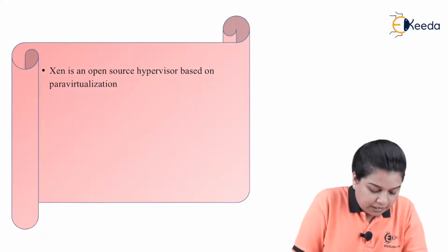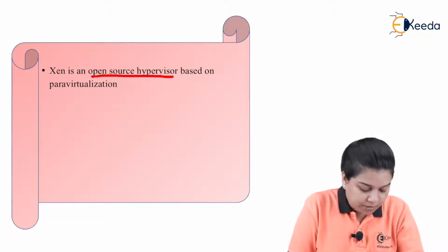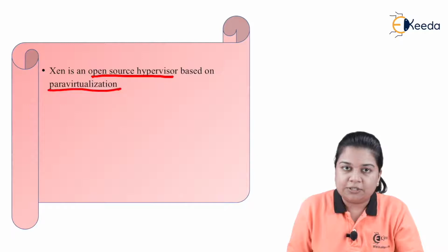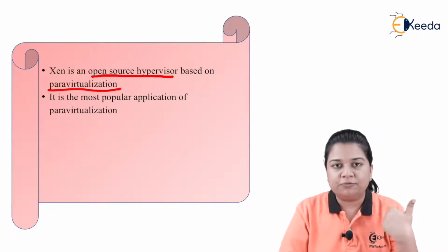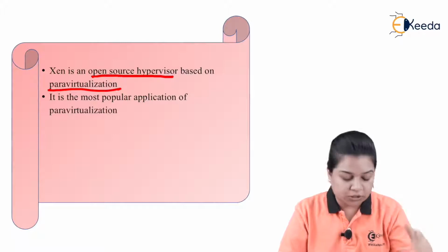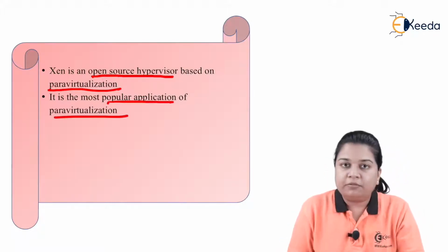In Xen, what is it? It is an open source hypervisor which is based on para virtualization. See, as we know, there are three types of virtualization: full virtualization, para virtualization. Xen is the most popular application of para virtualization.